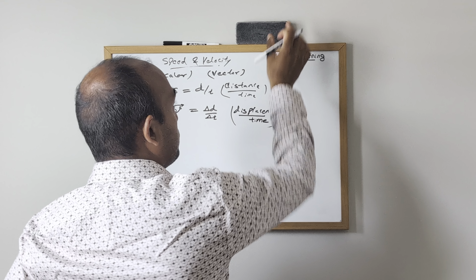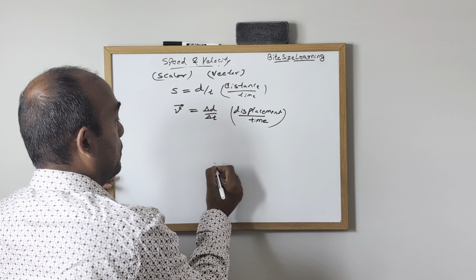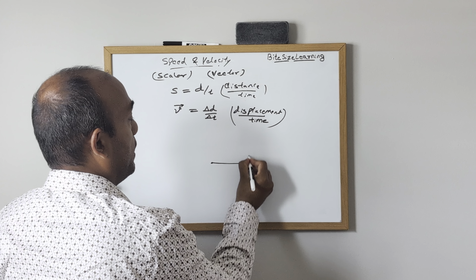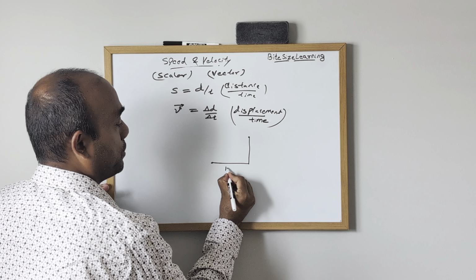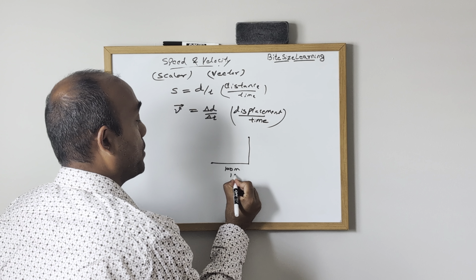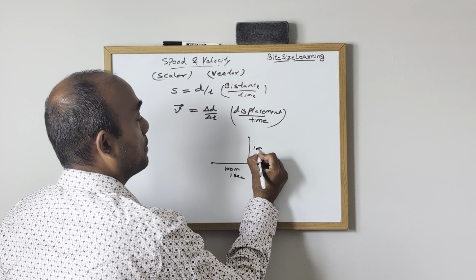So now, let's say there is a bike rider who is riding from this position to this position and from this position to this position. So this is 100 meter and the time taken to travel this 100 meter is 1 second, and then from here to here it is again 100 meter.